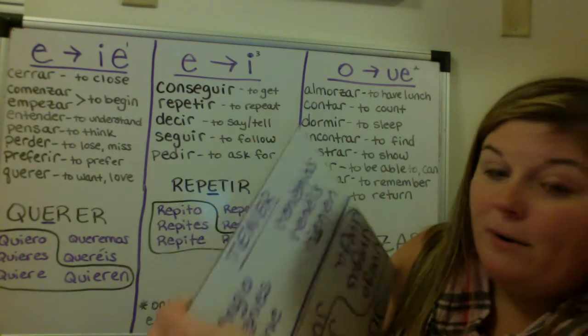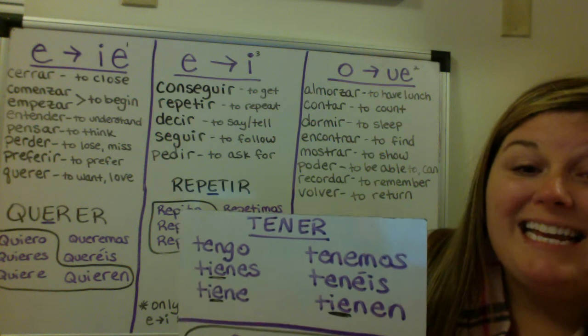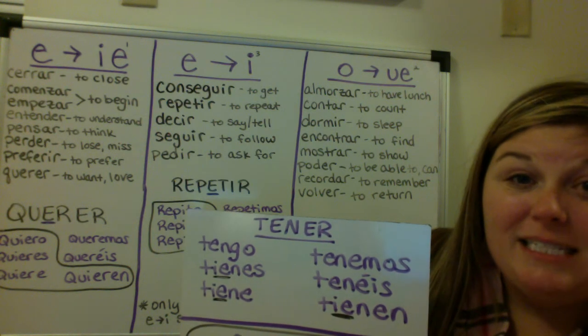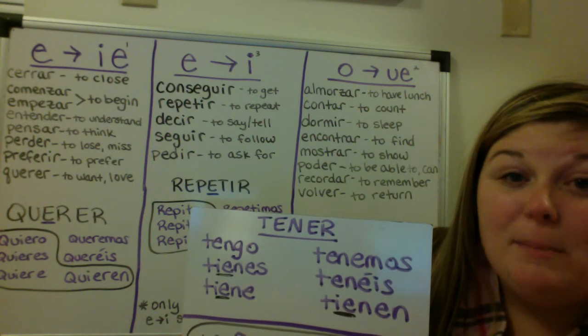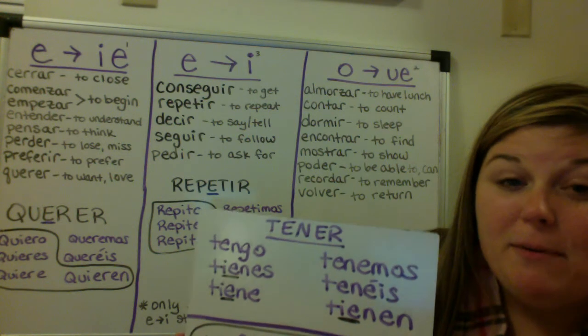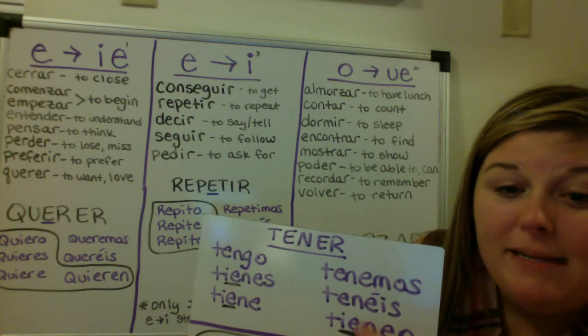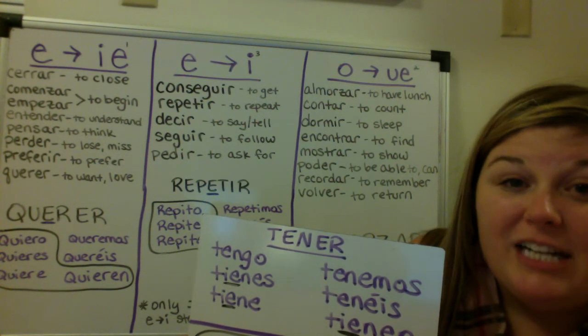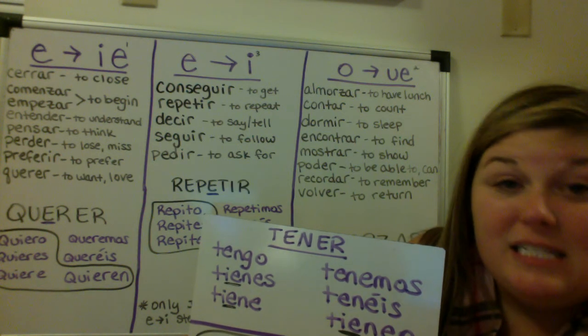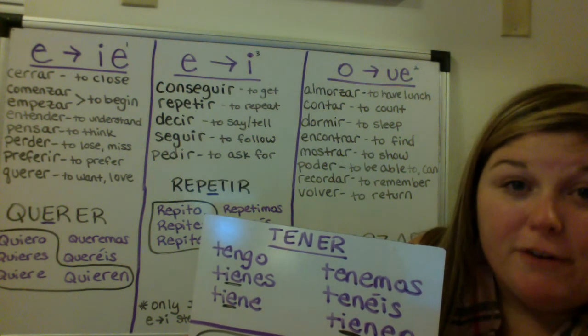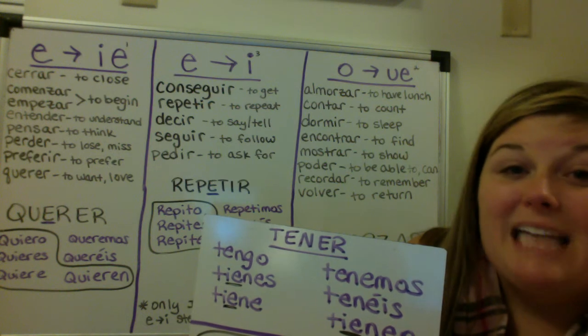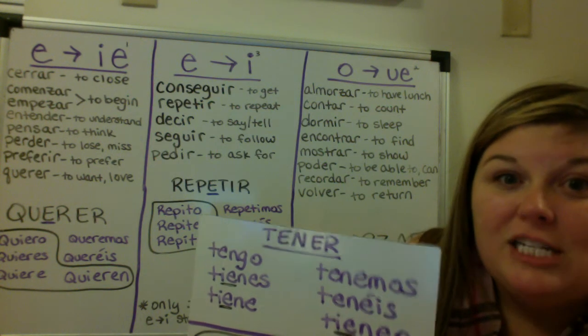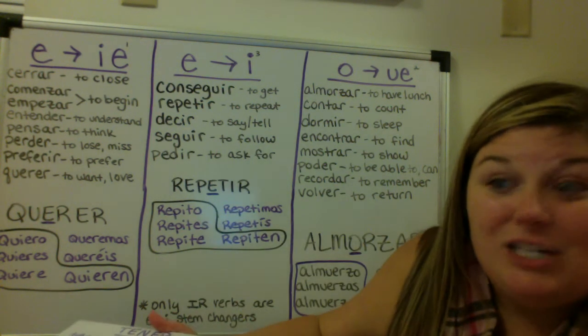But if you remember the verb tener, tener means to have, and this is a partial stem changer. So you remember the funky change that happened in some of the conjugations of tener? So tener is a partial stem-changing verb, and so we've kind of seen this concept before, but we haven't called attention to it. You just had to memorize the conjugations.